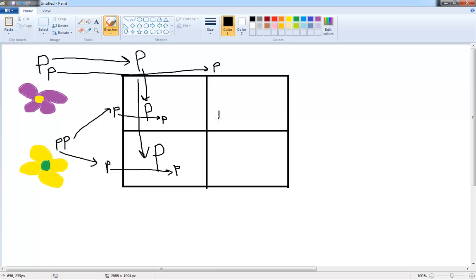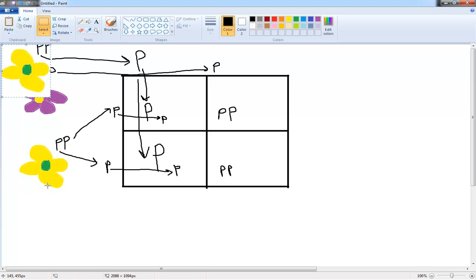Okay, this one is going to be little p, little p, little p there, and so is this one. So these, then, because they have two recessive alleles, are going to be yellow.